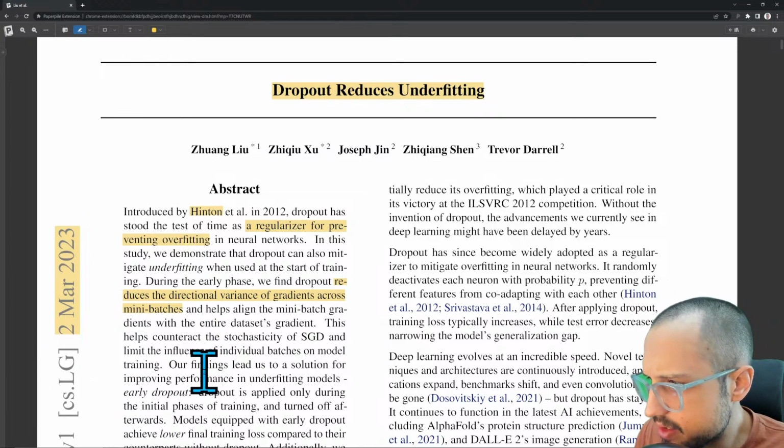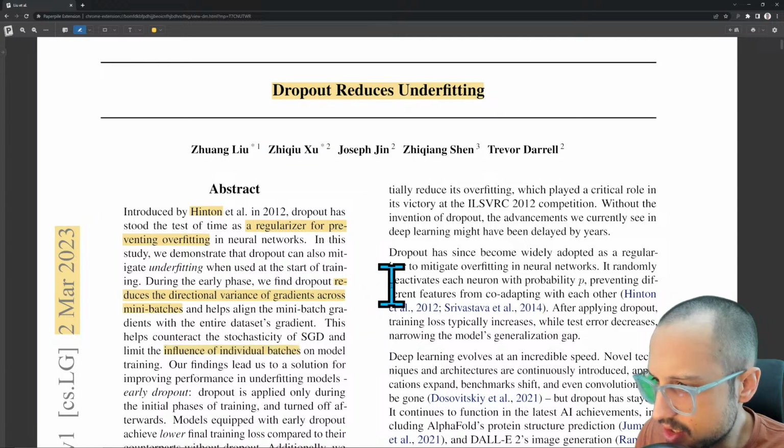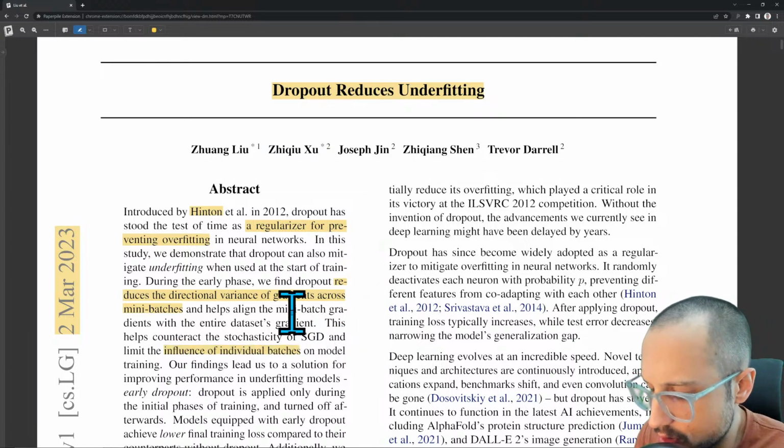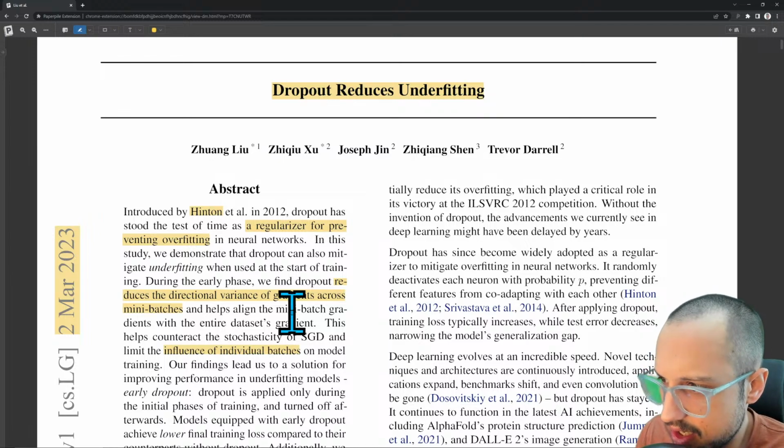This helps counteract the stochasticity, which is just randomness, another fancy word for the randomness of SGD, the stochastic gradient descent, and limits the influence of individual batches on model training. Okay, so influence of individual batches. Sometimes, when you're training, you're usually shuffling your dataset, and each batch is composed of examples from your training dataset in a shuffled way.